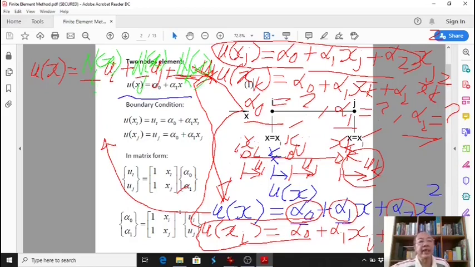So we can find Ni, Nj, and Nk. These are the shape functions, the same as how we found them for the two nodal element. So I just showed the procedure of how to find u(x) in terms of shape functions.